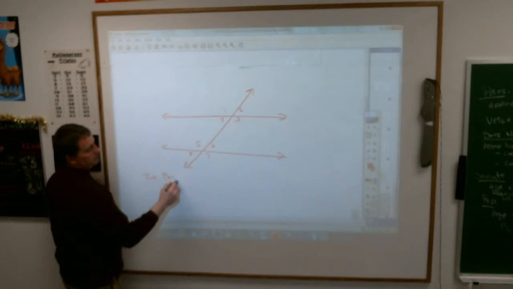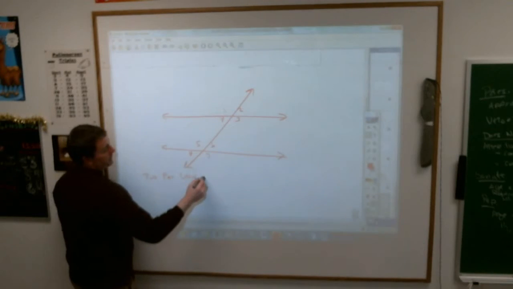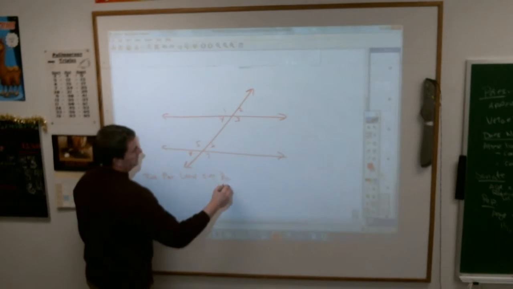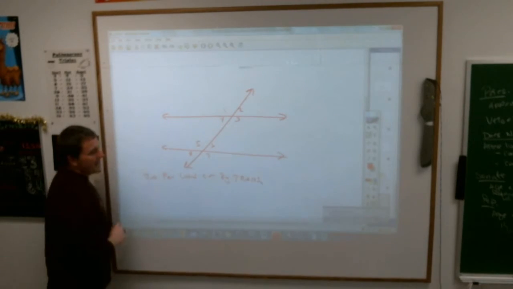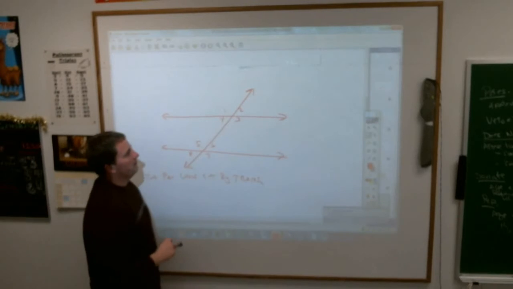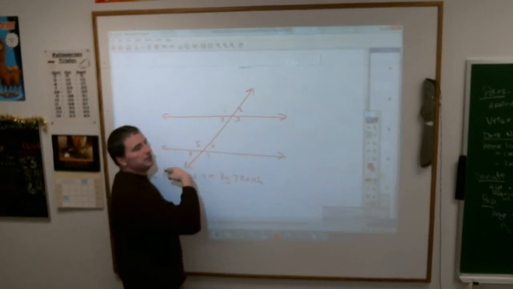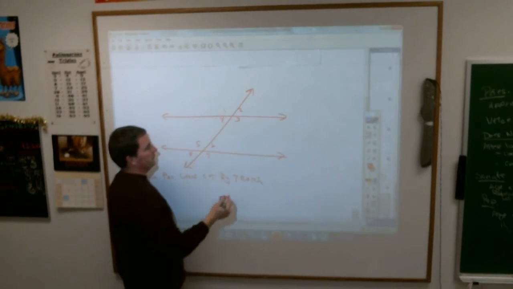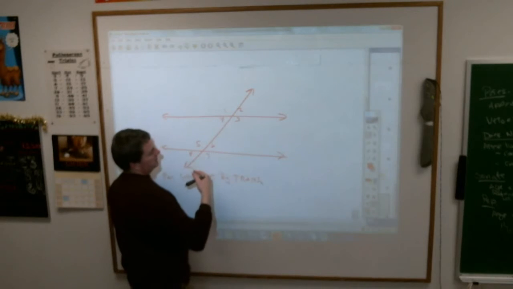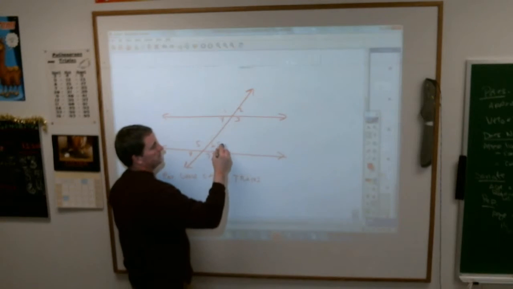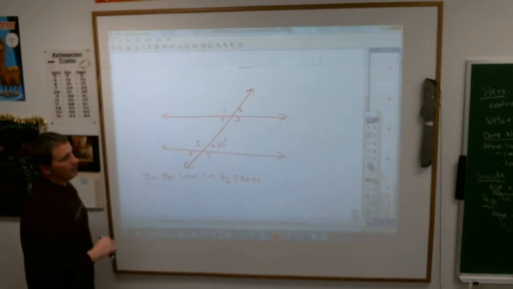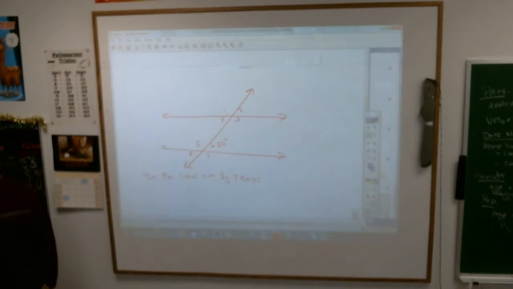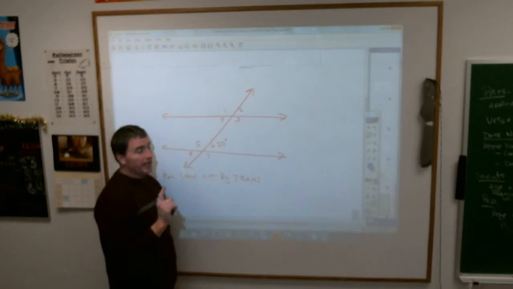Two parallel lines cut by the transversal. Okay, by being given one measurement, you can tell me all the different measurements of all this. For example, let's say angle 6 is 50 degrees. You should be able to right now spit off to me almost every angle verbatim here, and give me proof why.